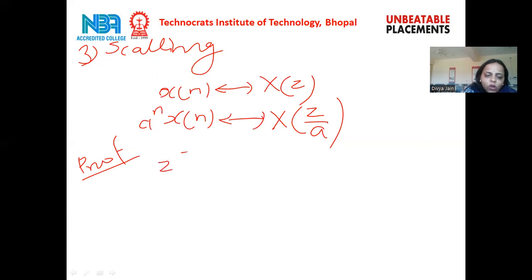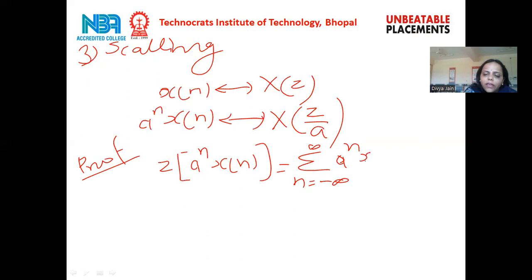The Z transform of a to the power n times x[n] is the summation n equals minus infinity to infinity of a to the power n x[n] z to the power minus n.